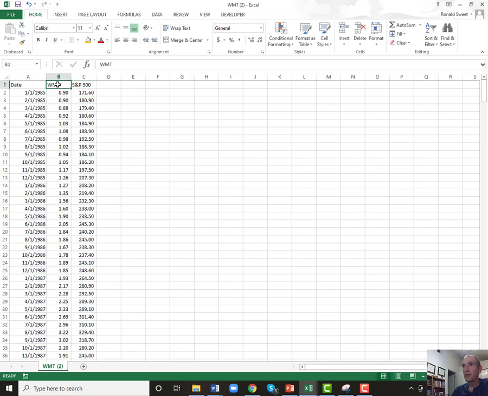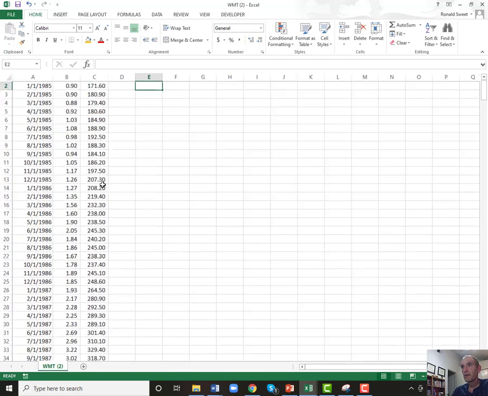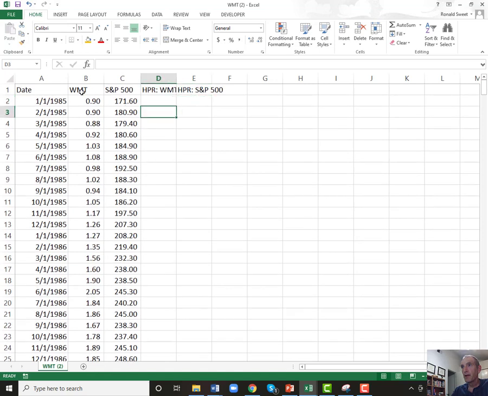Alright, so there's Wal-Mart, there's the S&P. Now we'll do the holding period return for Wal-Mart and the holding period return for the S&P 500. We can't do January because that's my first data. Remember, the holding period return is ending market value minus beginning market value, divided by beginning market value.